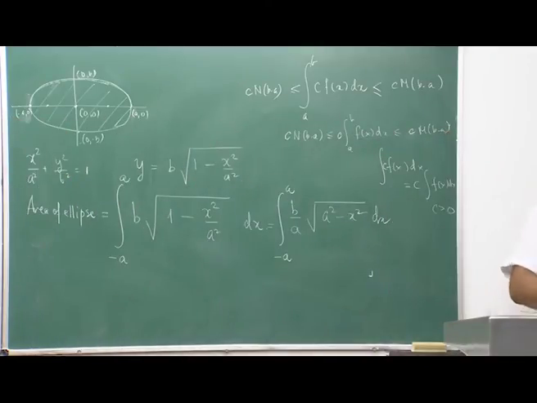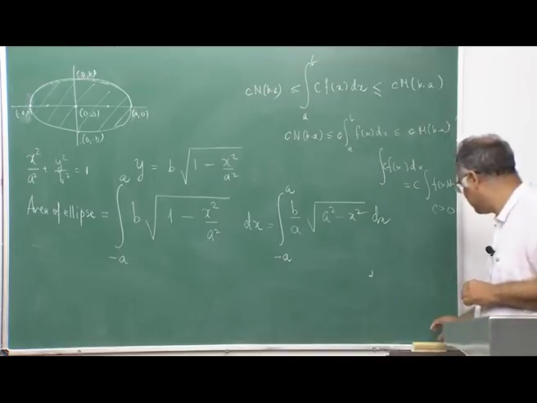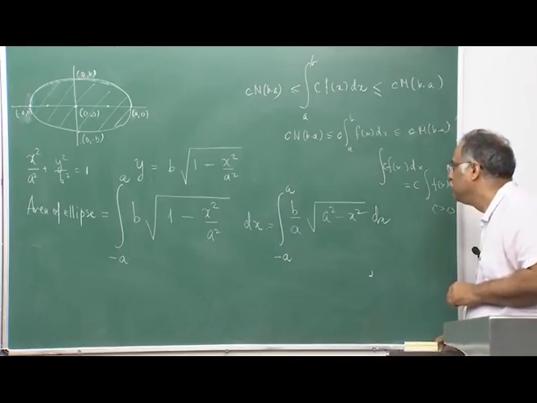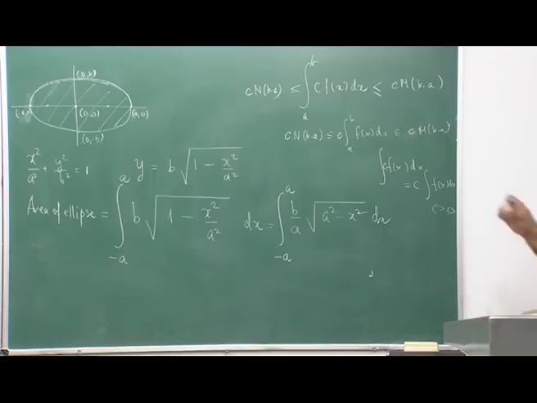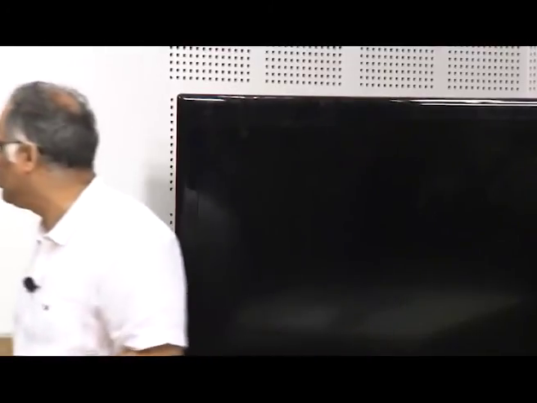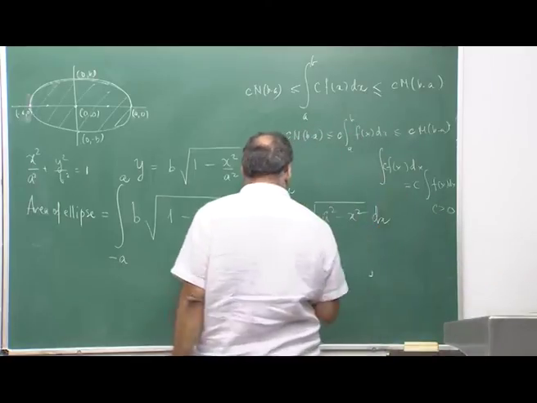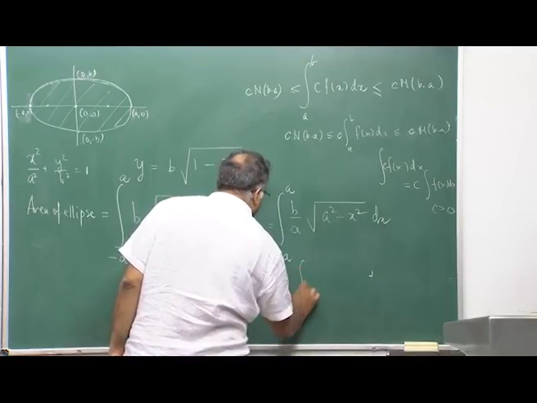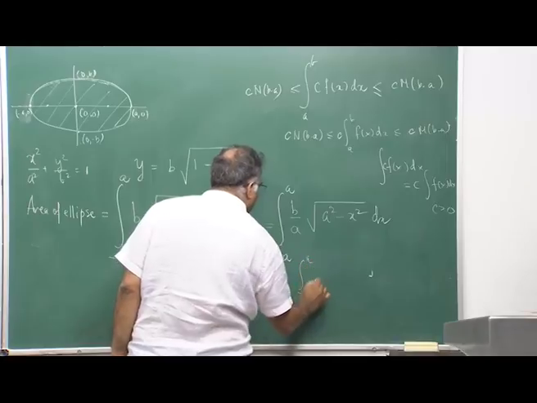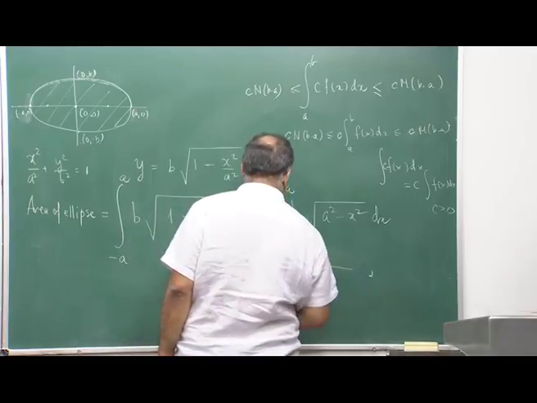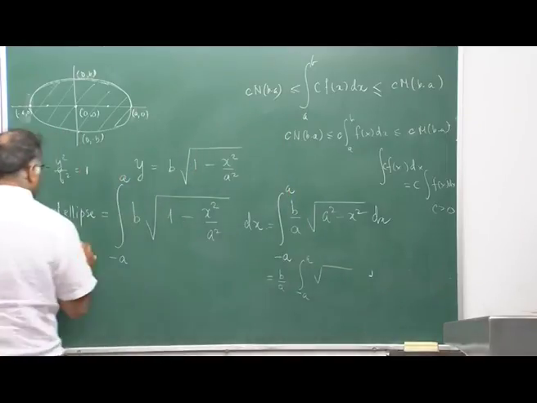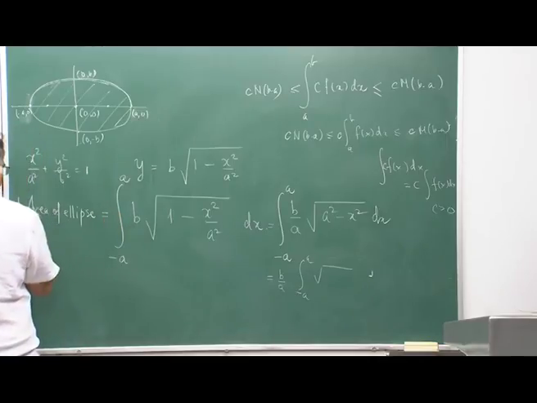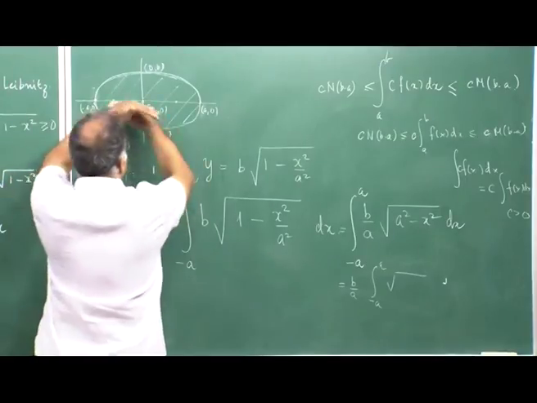So once this intuitive idea is known, what am I supposed to do? I know that that is what I have. So I can simply write this to be b by a integral minus a to a root of, sorry, so area of the ellipse is not this, this is half of the area of the ellipse, because we are just considering this part.